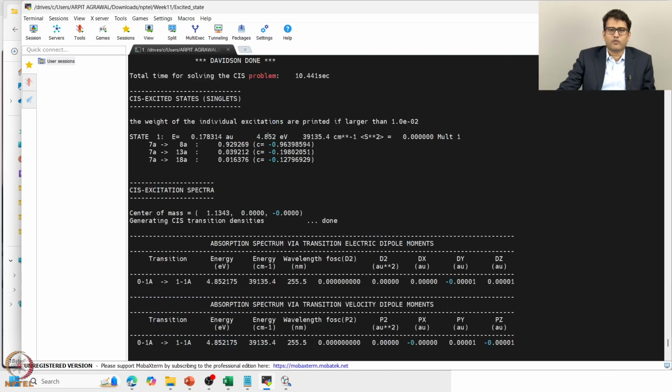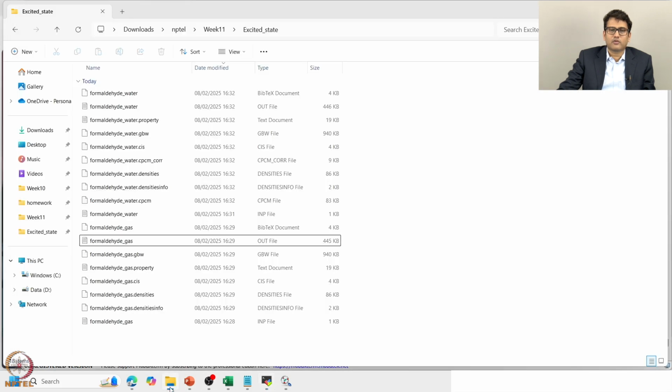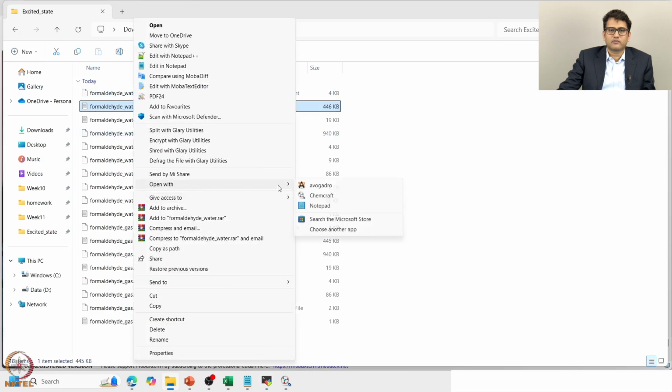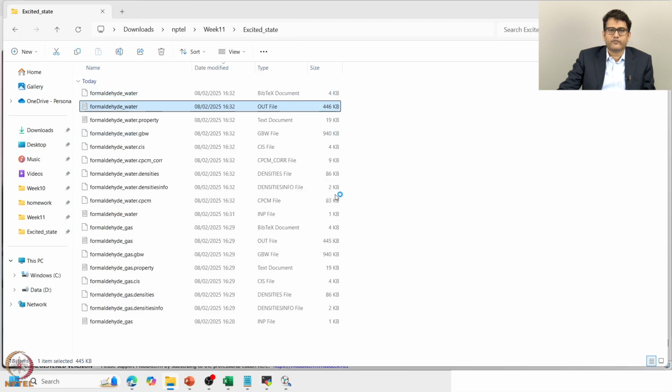So, it was 4.63 I believe, now it has become 4.85, and of course, the nature of the transition will still remain HOMO to LUMO. We can cross check it.